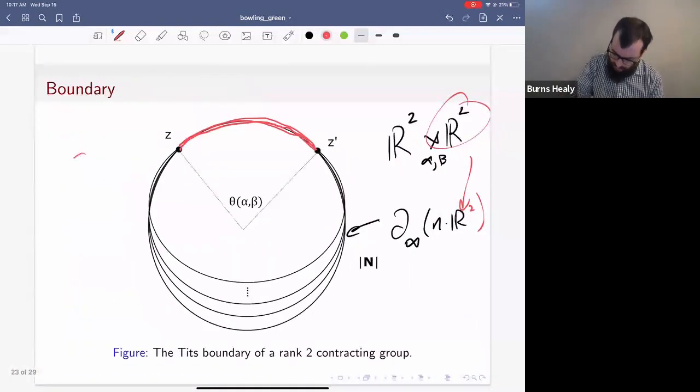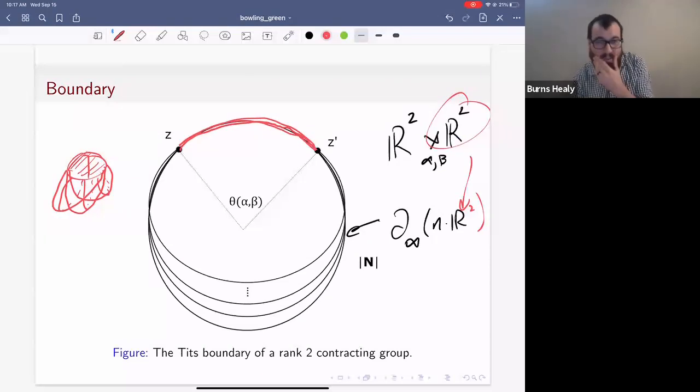If this were a three-dimensional example, you would get this cap up here, and then a bunch of spheres hanging off of this cap, where these are big. It's very hard to draw once you get to higher dimensions.